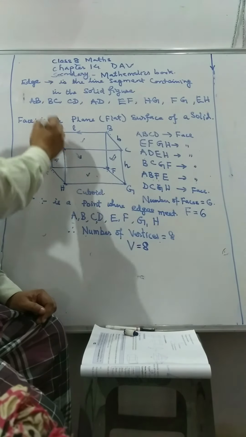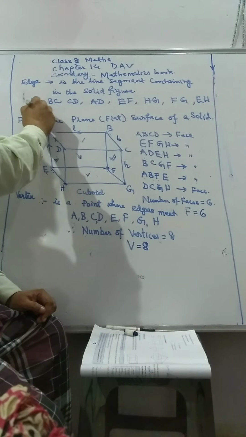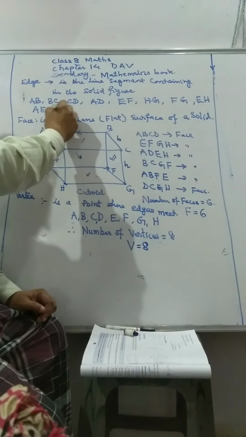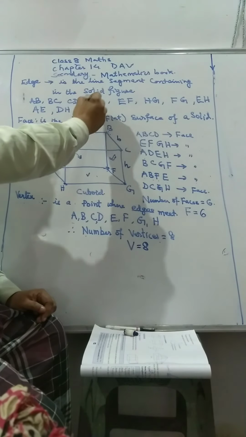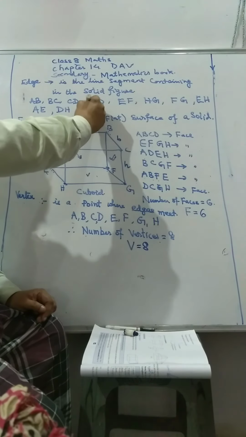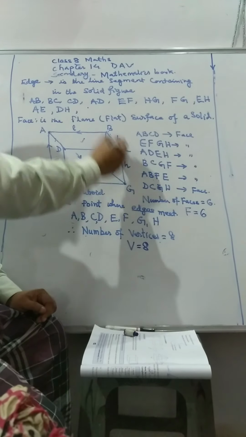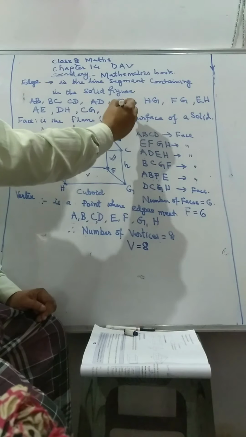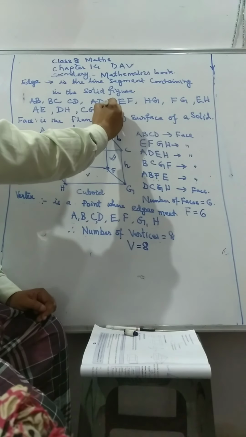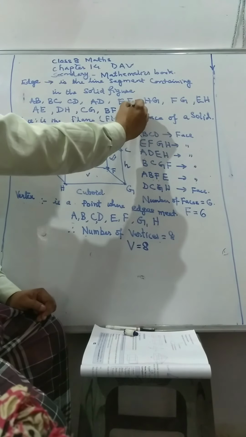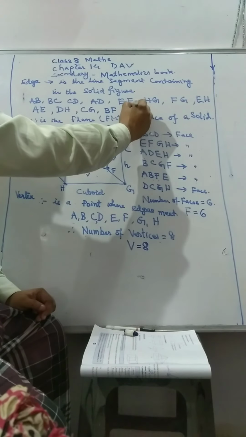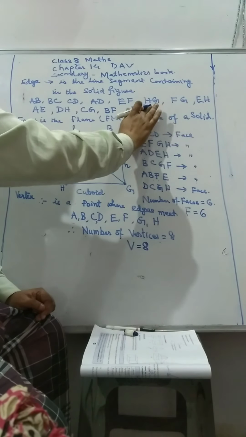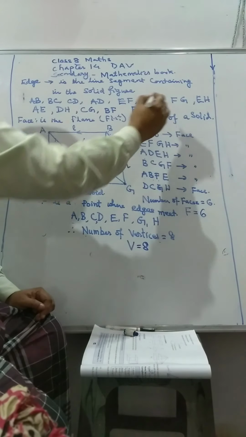There will be 12 edges. AE is also an edge, then DH, then GF, CG, and then BF. So the number of edges is 12.